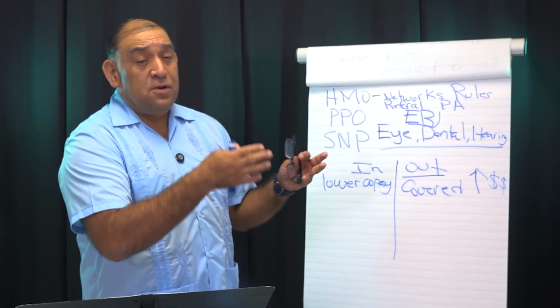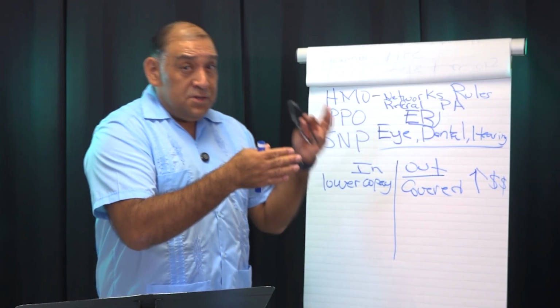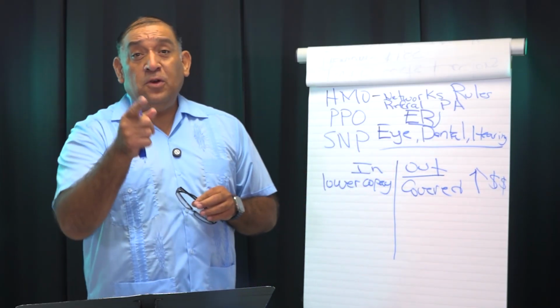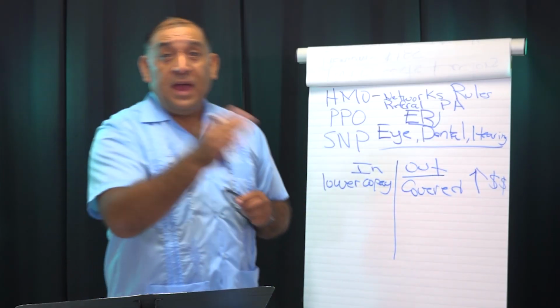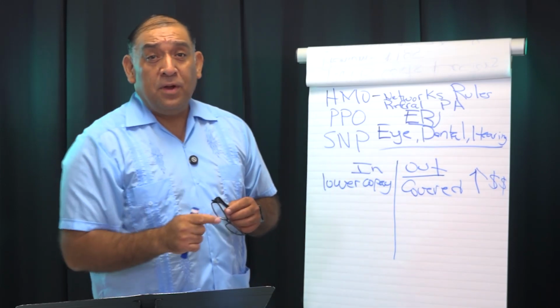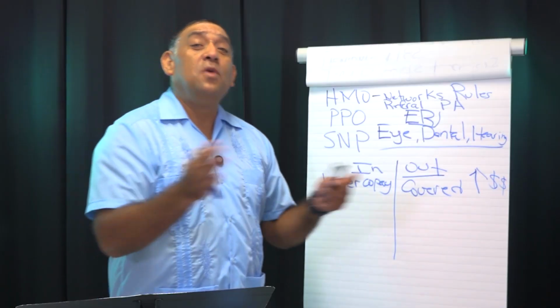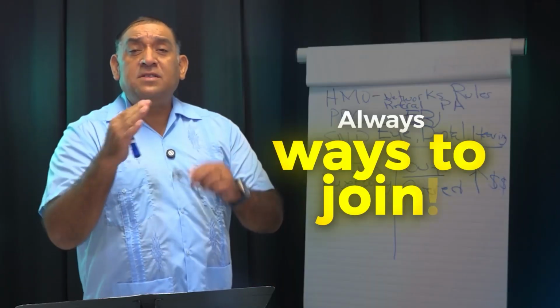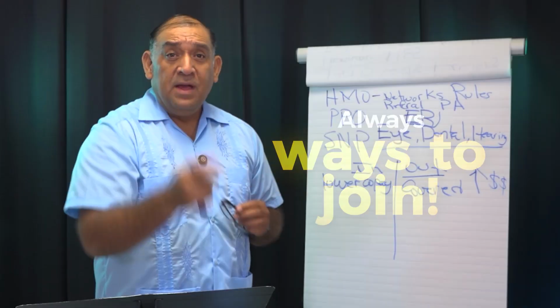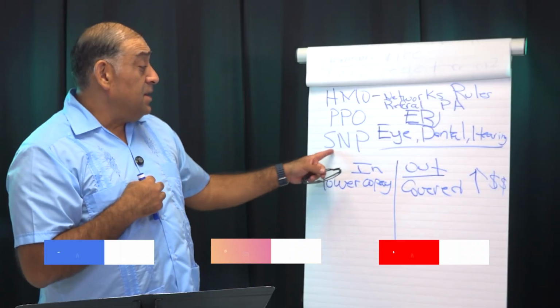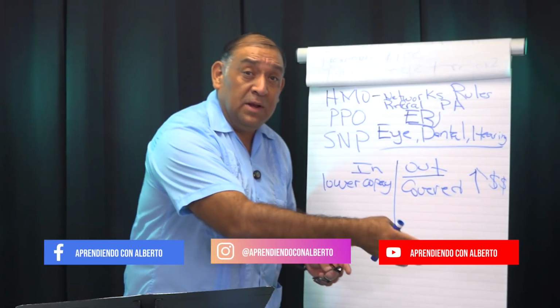You can make a change during the open enrollment period, January through March. If you lose Medicaid, if you gain Medicaid, if you drop employer coverage, you have special open windows to join a plan. So there's always different times that can help you. If you have a chronic condition, like I mentioned earlier, you may be able to join a plan.